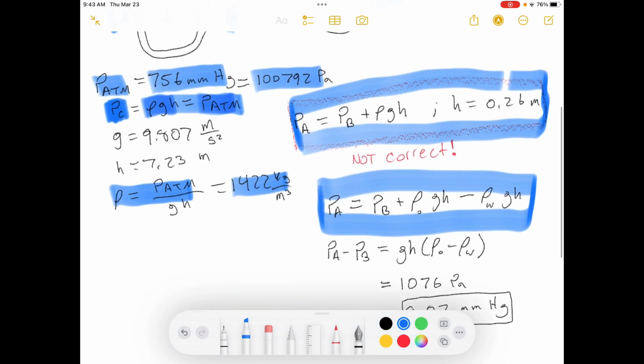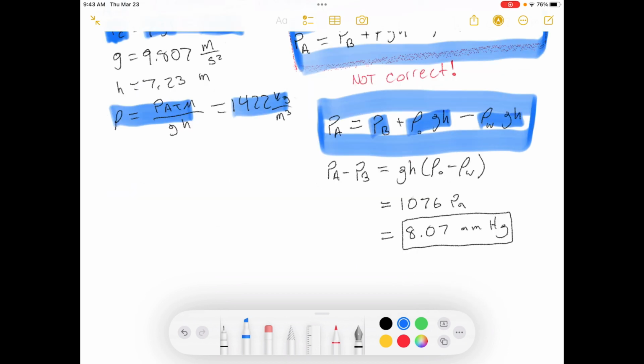Okay? So we have pressure at point B plus the pressure head due to the manometer fluid minus the pressure head of the water on the other side. So then you get, when you calculate what the pressure difference is, you get this equation and solve it, get pascals, and then convert that into millimeters of mercury like they asked for.